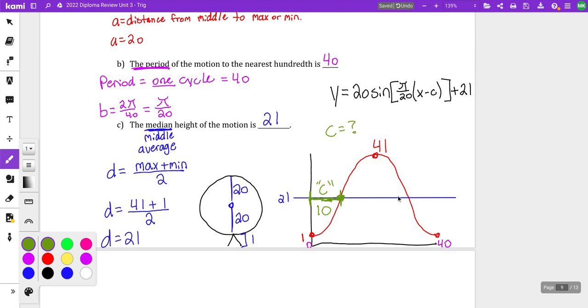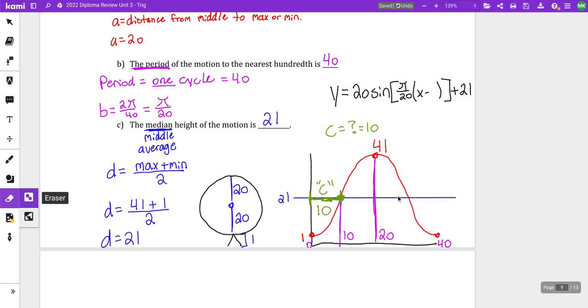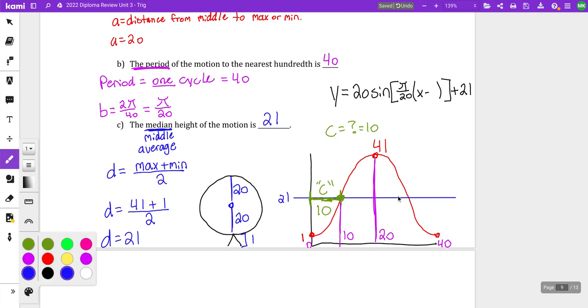It's perfectly in half in between this thing, which was 20. This thing must be 10. My C value is 10. So if I had to create an equation, it would be y equals 20 sine pi over 20, x minus 10, close all the brackets, plus 21.